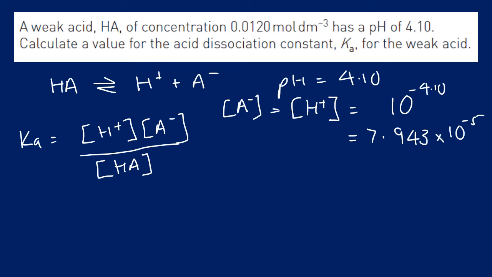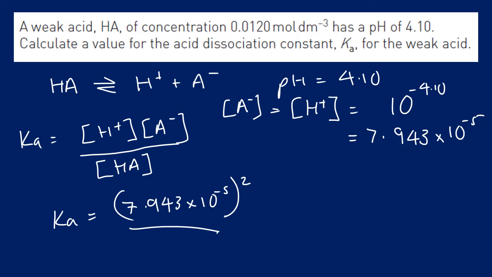We also know what HA is, so we can find Ka now. Ka is going to be 7.943 times 10 to the minus 5, and I'm going to square that, divided by 0.0120. Let me just put that in the calculator, and I have an expression for Ka.